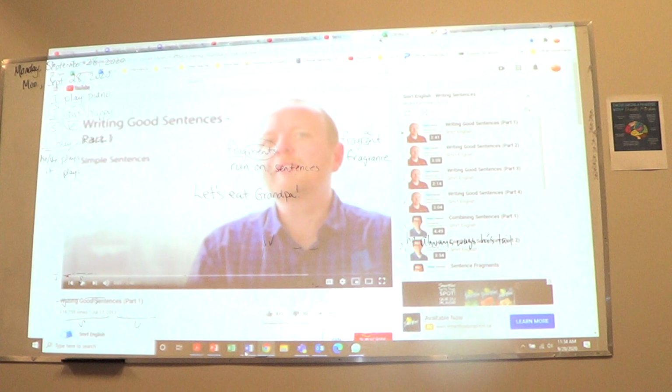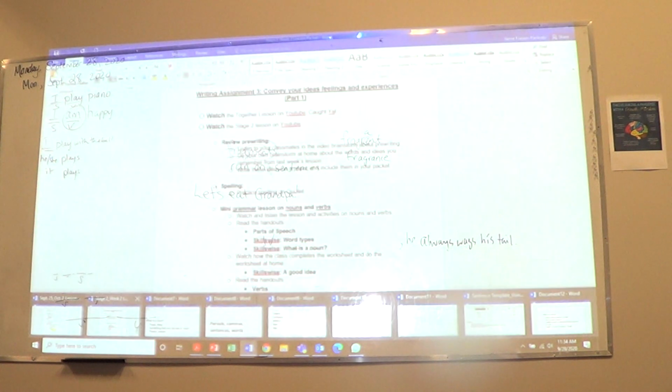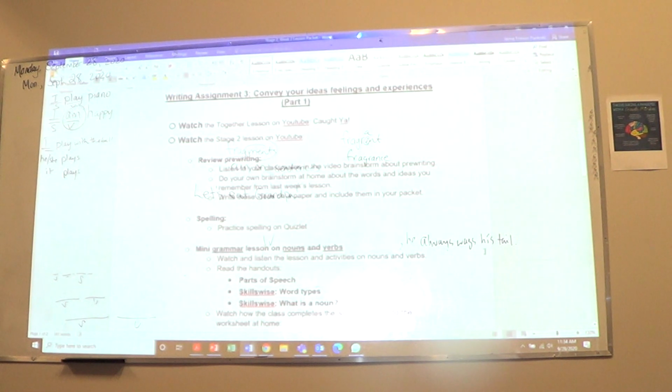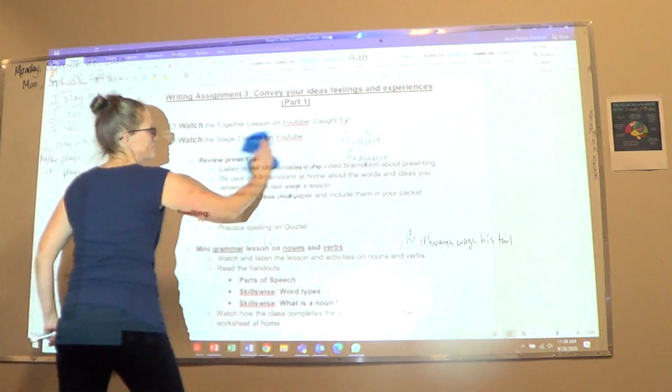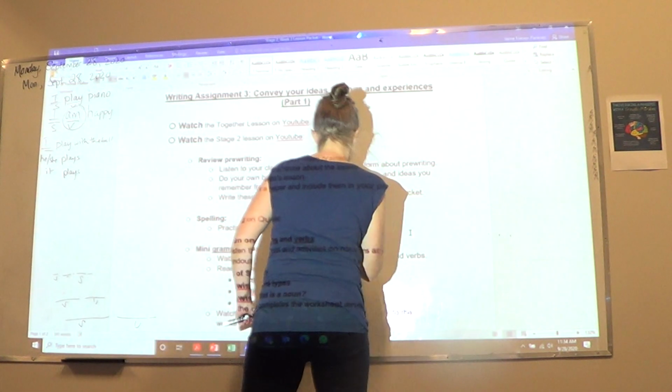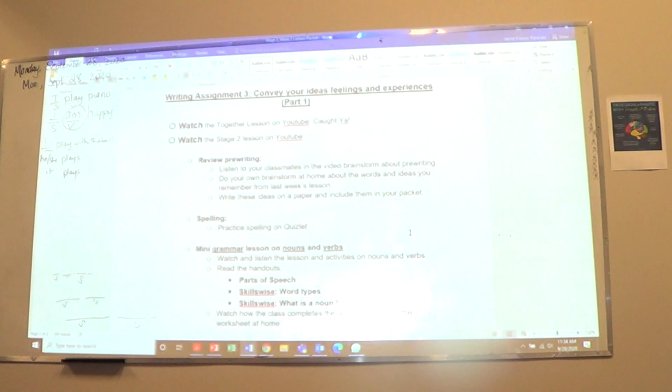So let's take a look now at where we are in our checklist, just as we sum up here. If you go through your packet, starting at the beginning, turn to the front of your package now. So we started off by reviewing pre-writing, did some brainstorming together, and then we took a look at Quizlet.